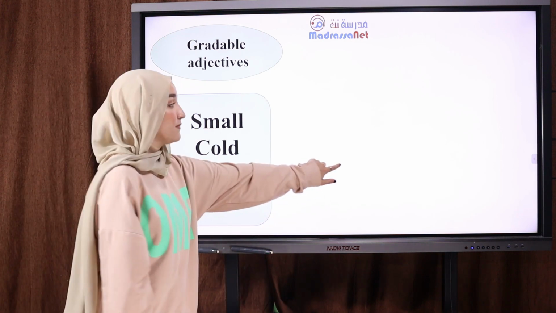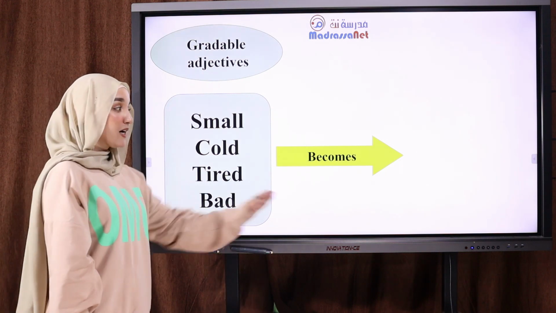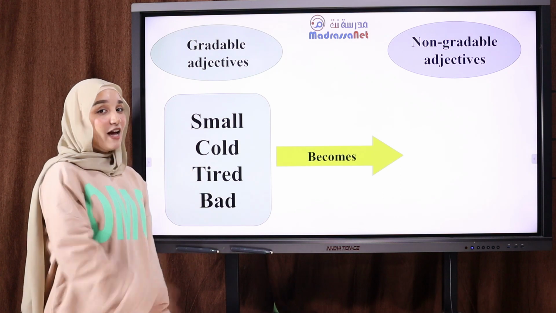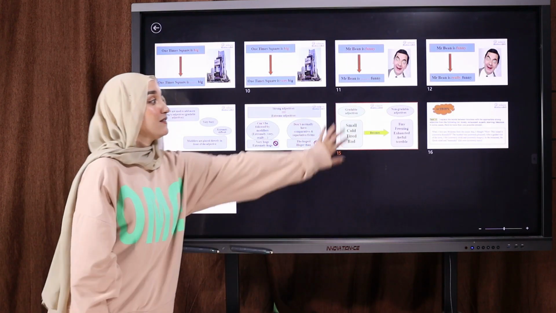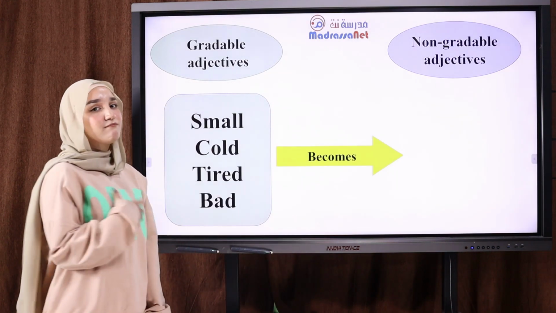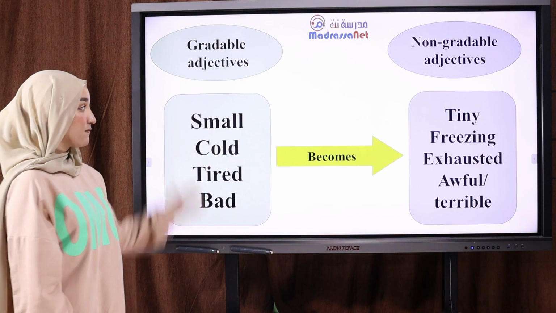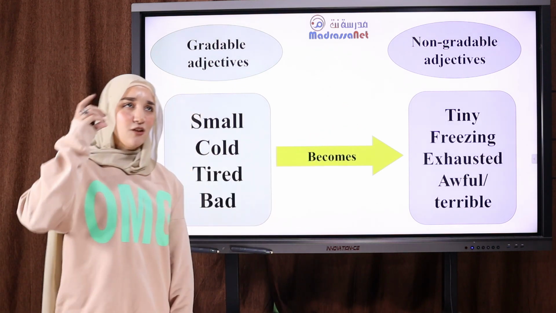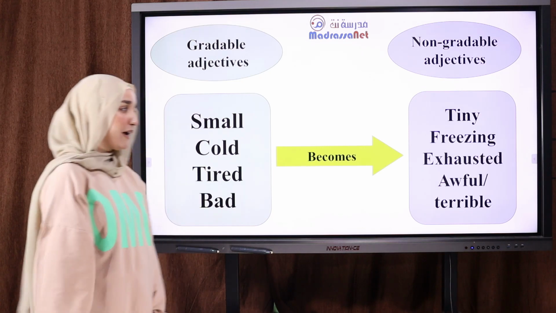But did you know that these words actually become non-gradable adjectives? I can make these adjectives much stronger. So small becomes tiny. So let's imagine this is small, this is tiny, okay?